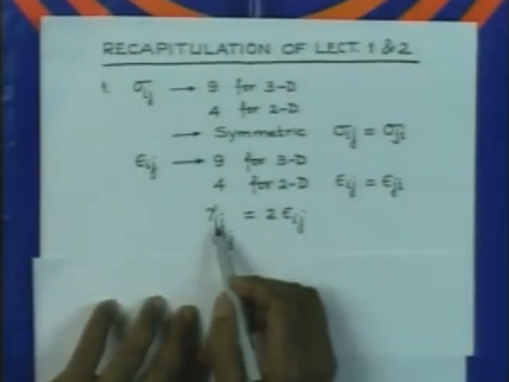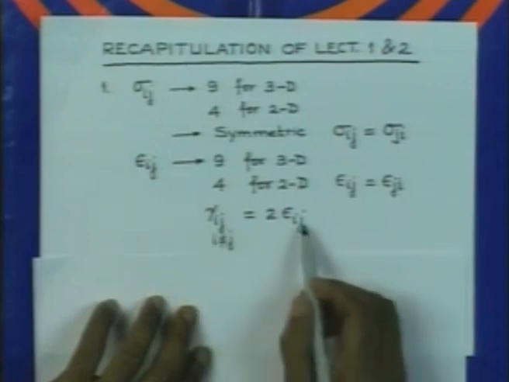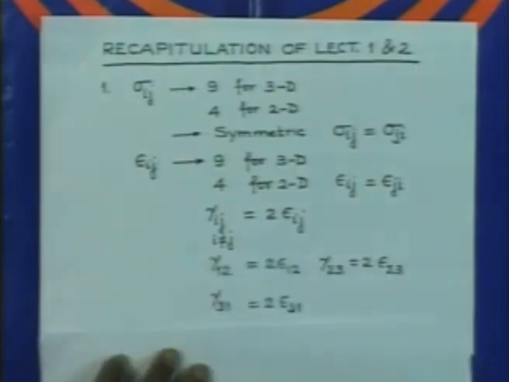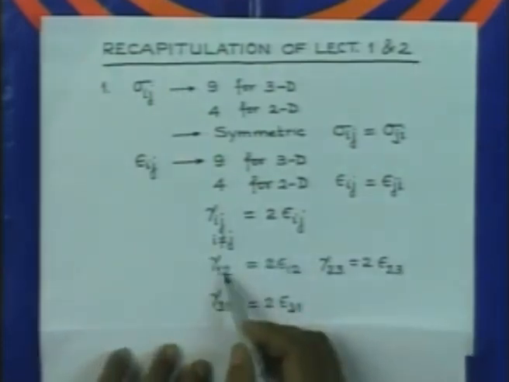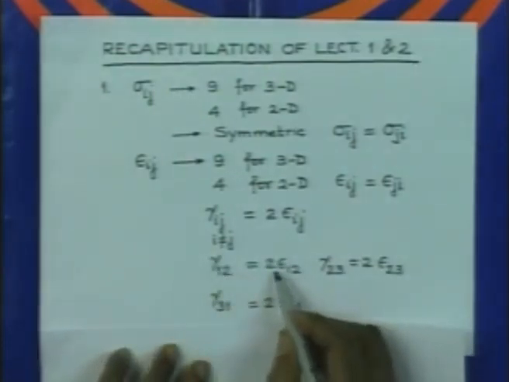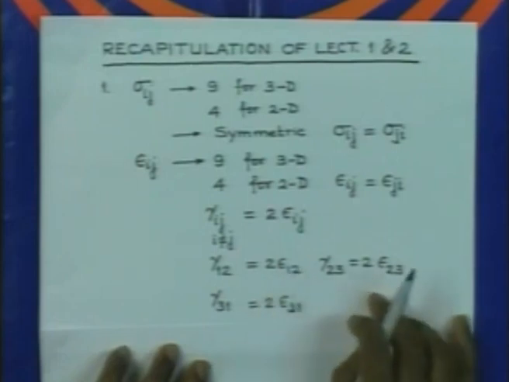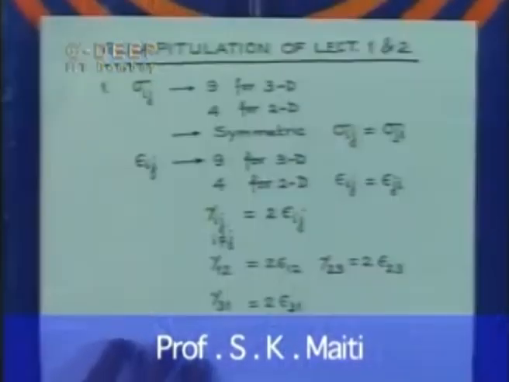Engineering shear strain is twice the tensor shear strain. Specifically, we have seen gamma 12 is equal to 2 times epsilon 12. Similarly, the same type of relationship holds good for gamma 23 and gamma 31.